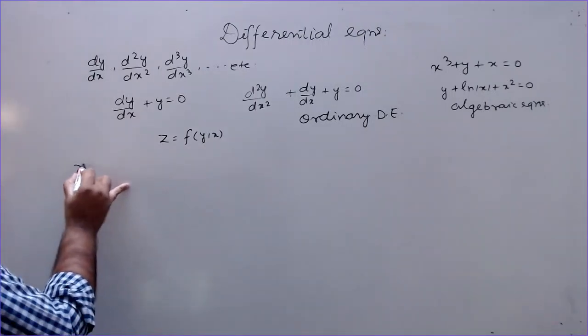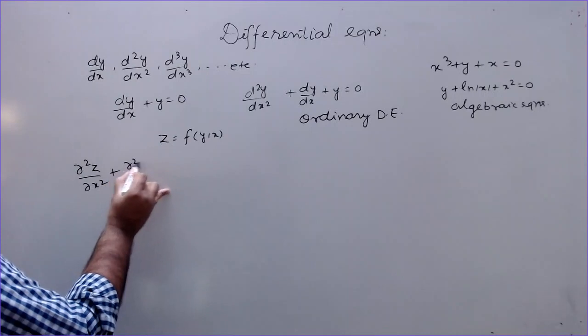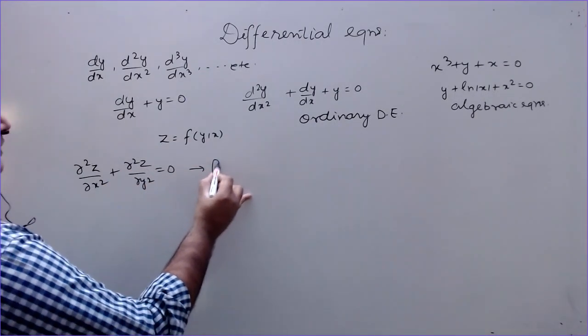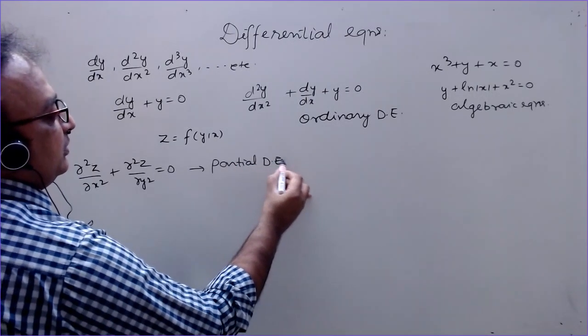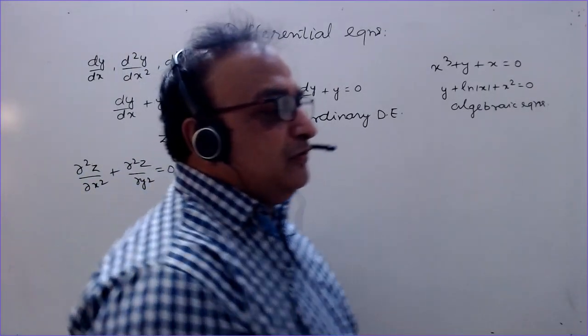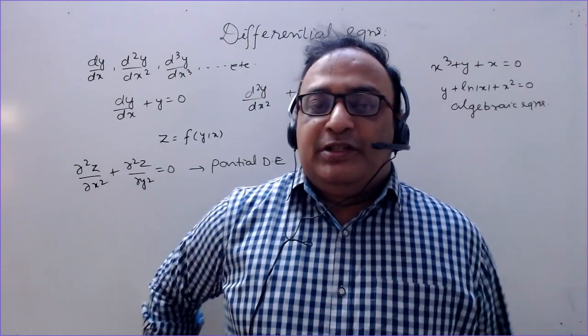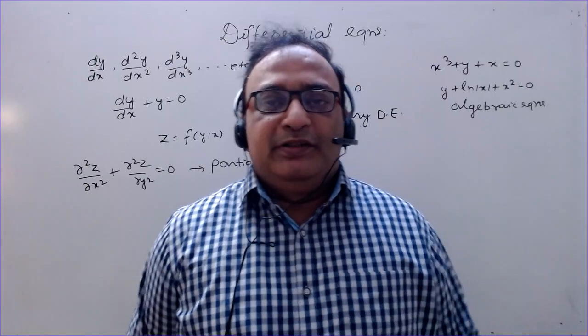And if I write the equation del square z by del x square plus del square z by del y square equal to 0, this is a partial differential equation. Because z is differentiated with respect to x and with respect to y also, it is a function of two variables, so it is called a partial differential equation because it is partially differentiated with respect to x and with respect to y.